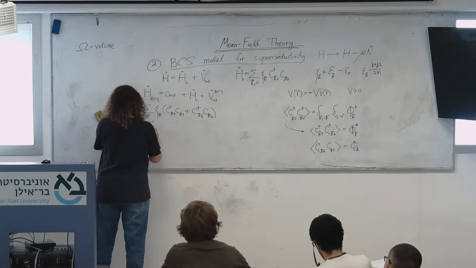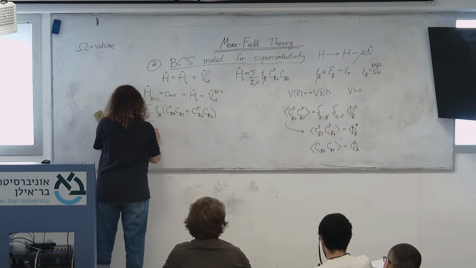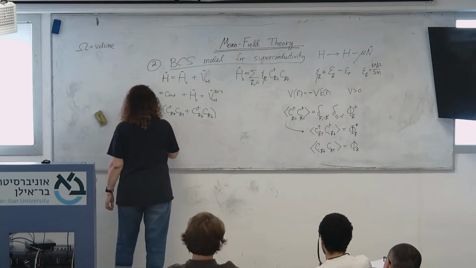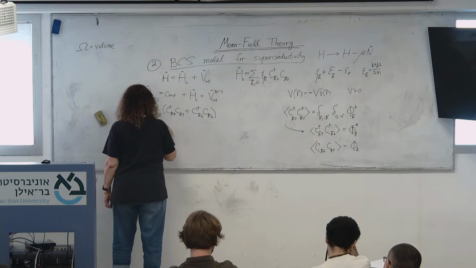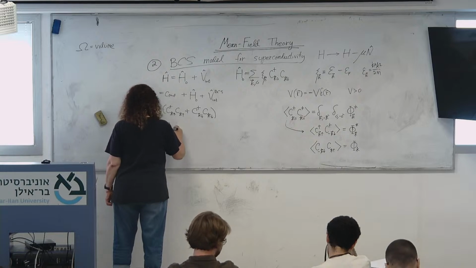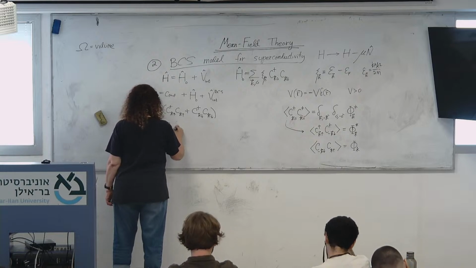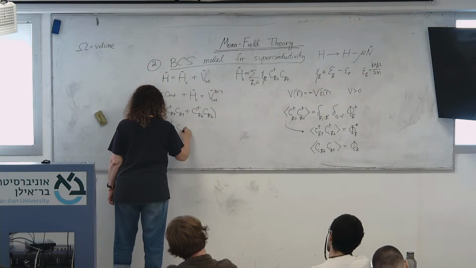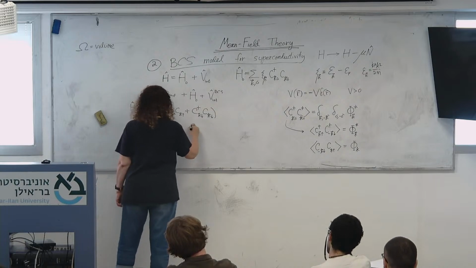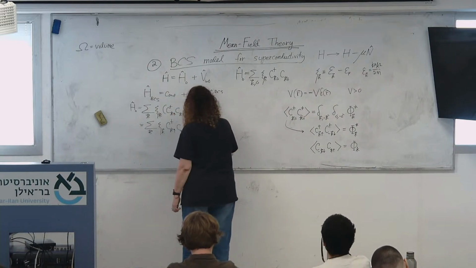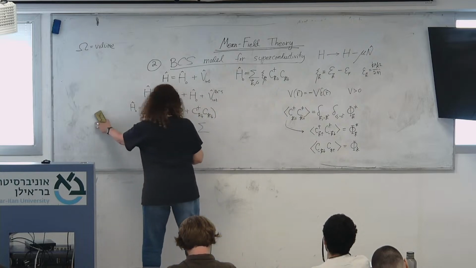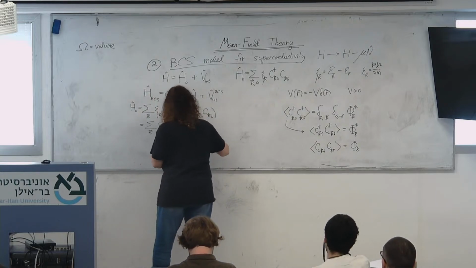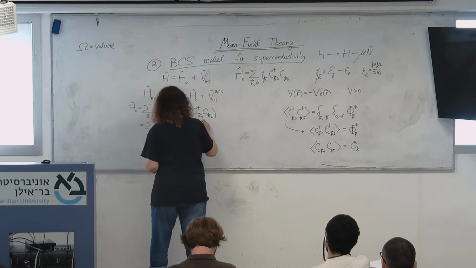I'll get sum over k, psi k, C dagger k up, C k up, plus the second term, I don't have to write the sum again.